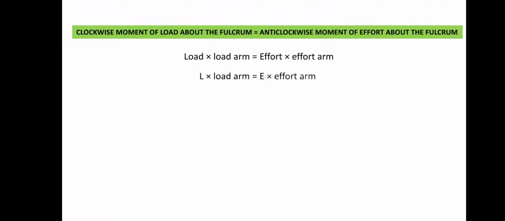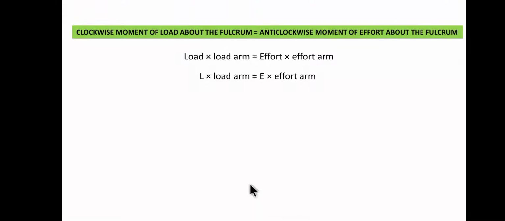Now since the clockwise moment of load about the fulcrum is equal to the anti-clockwise moment of effort about the fulcrum, we can replace the clockwise moment of load by load into load arm, and similarly the anti-clockwise moment of effort as effort into effort arm. I am writing load as L and effort as E: L into load arm equals E into effort arm.